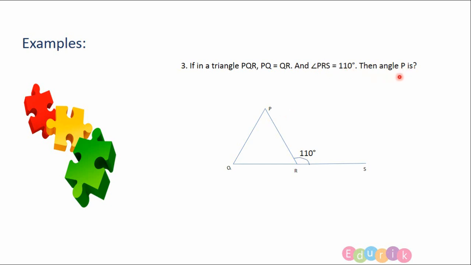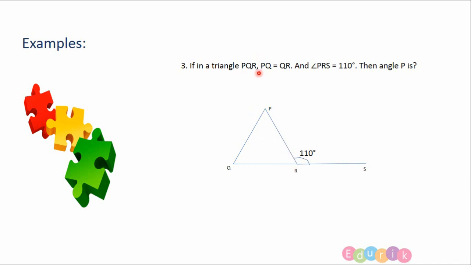Now he is asking for angle P. If this angle is 110 degrees, we already know that this angle will be equal to 70 degrees. As the sum of this interior angle and this exterior angle will be 180 degrees, angles on the same side of the line. So angle PRQ, this angle will be 70 degrees.